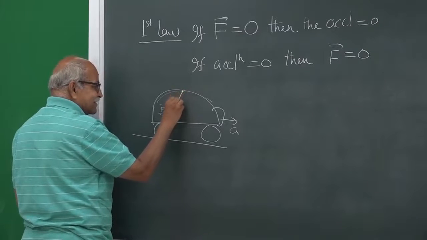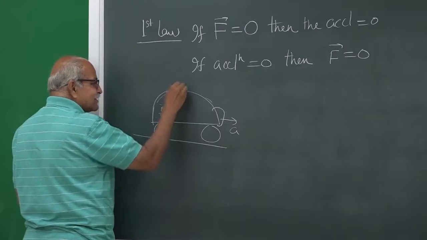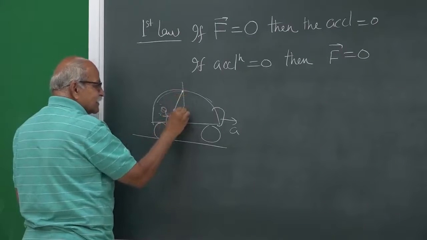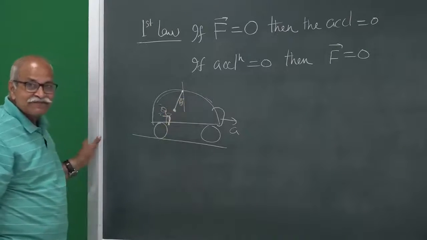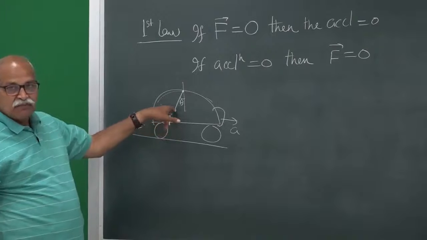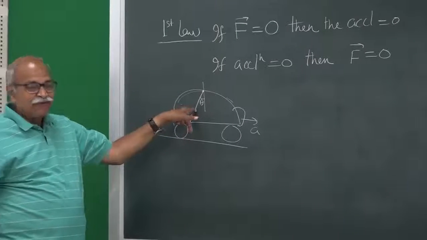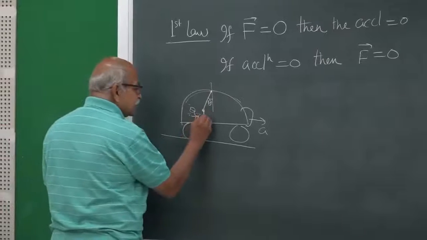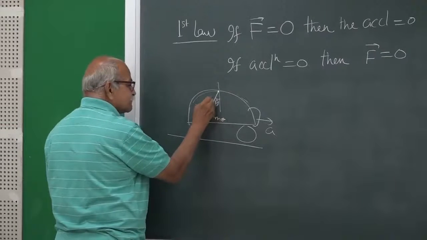I see that the string does not stay vertical, it makes some angle theta with the vertical. Now, if I think of this bob of the simple pendulum, what are the forces? The forces are its weight mg and the tension T.